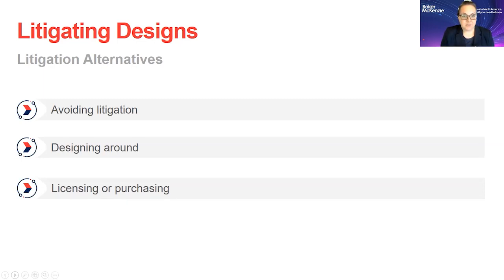Having advice of counsel or having an opinion of counsel can help you avoid a finding of willfulness in a district court litigation in the event that you are unfortunately found to infringe a design patent. And last, I just wanted to briefly mention purchasing or licensing design rights.